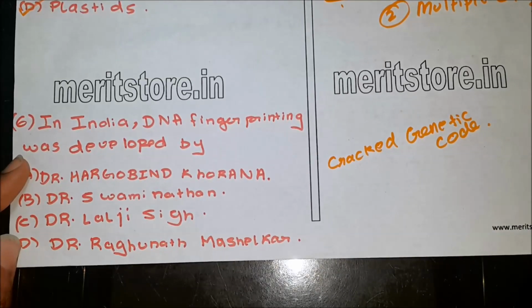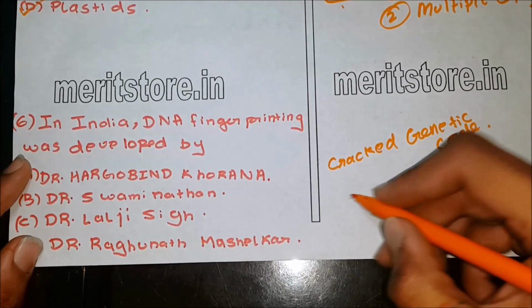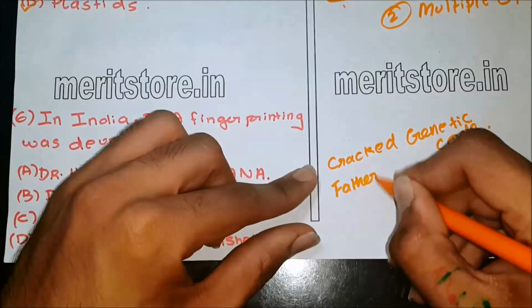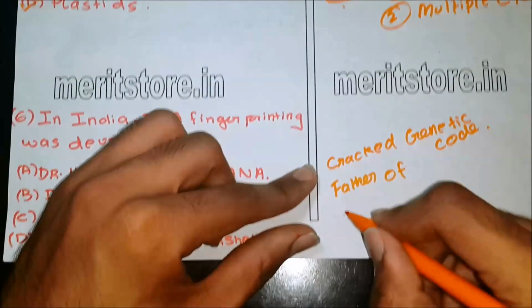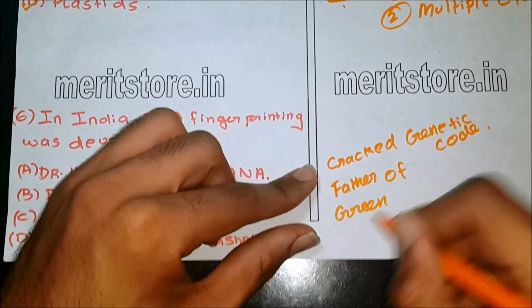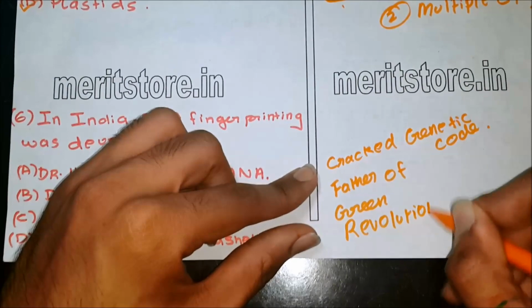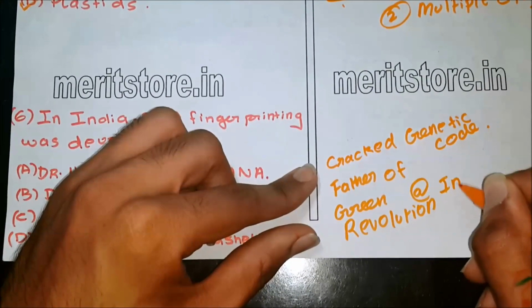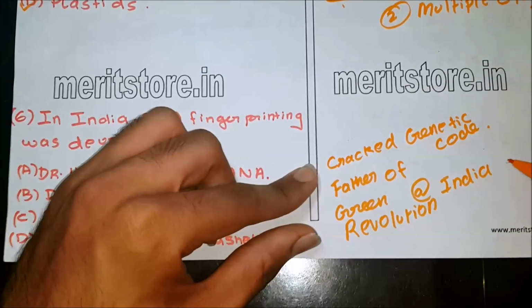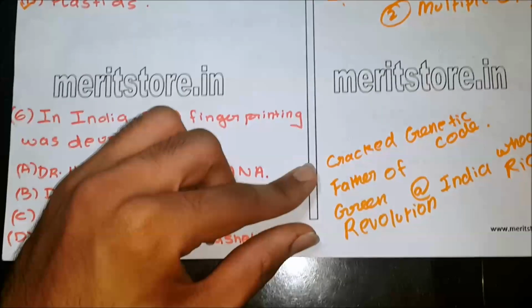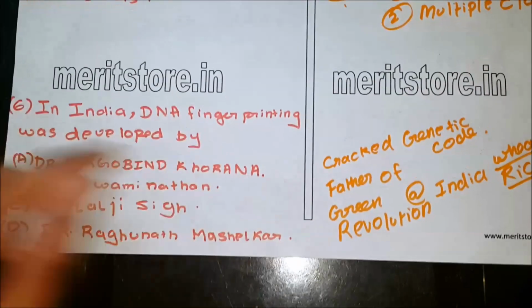Dr. Swaminathan, he is regarded as the father of Green Revolution. In India, he cultivated wheat and rice variety during this period.